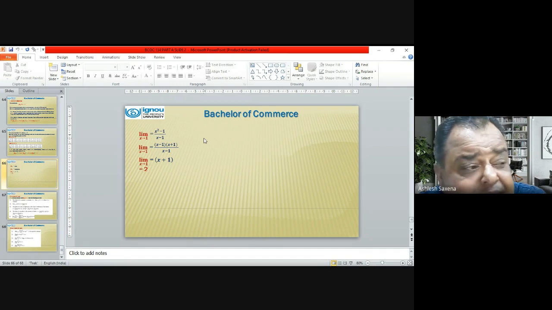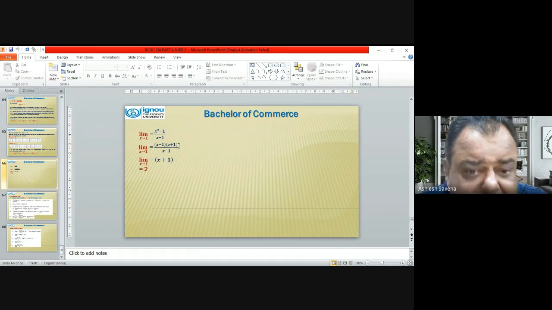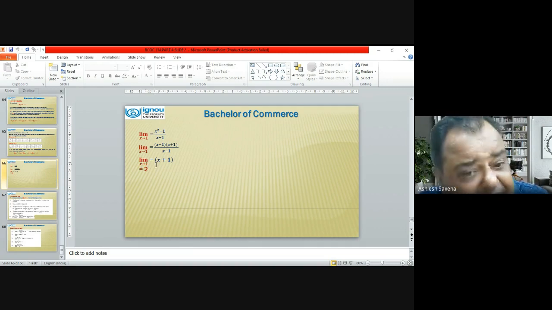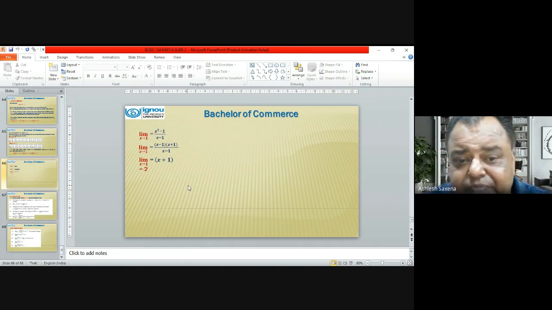This is a squared minus b squared, and a squared minus b squared is (a minus b) into (a plus b). This has been transformed, and the x minus 1 in the numerator and the x minus 1 in the denominator get cancelled. You are left with x plus 1. When you apply limit x tends to 1 to this function, you will get an answer of 2. Earlier, by putting the value of x equal to 1, you were getting 0. Now, by simplifying it, you are getting 2.